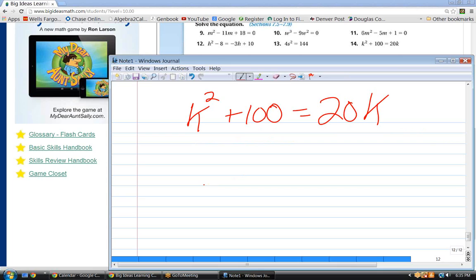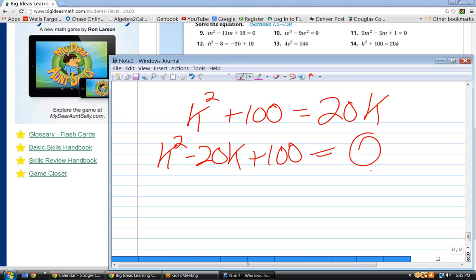K and K. No, not yet. First of all, we got to have 0 on one side and everything else on the other. So k squared minus 20k plus 100 equals 0. That's the first step. And then k and k. Yes.